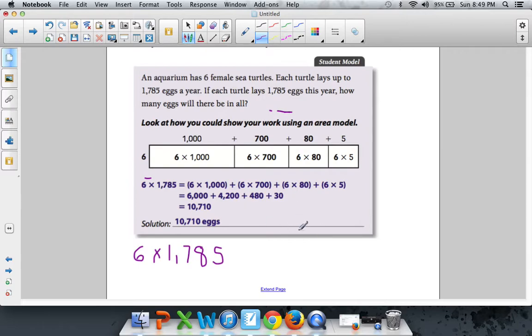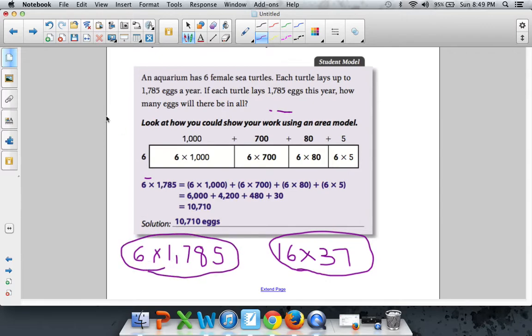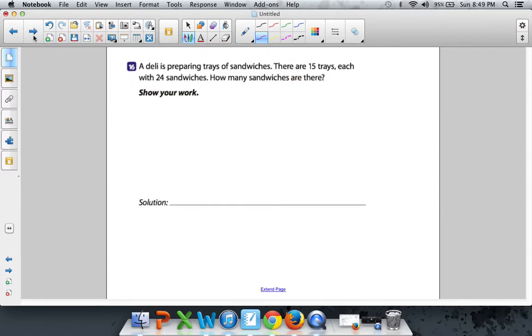Anyway, I only like to do a multiplication model when they give you 2 numbers, and both of those numbers have double digits. You see a difference where they have like one little one and one big one, and then here they just have 2 double-digit ones? I think area models are better for this kind of multiplication, and this kind we should do a little differently. And hopefully in the homework you'll see what I mean.